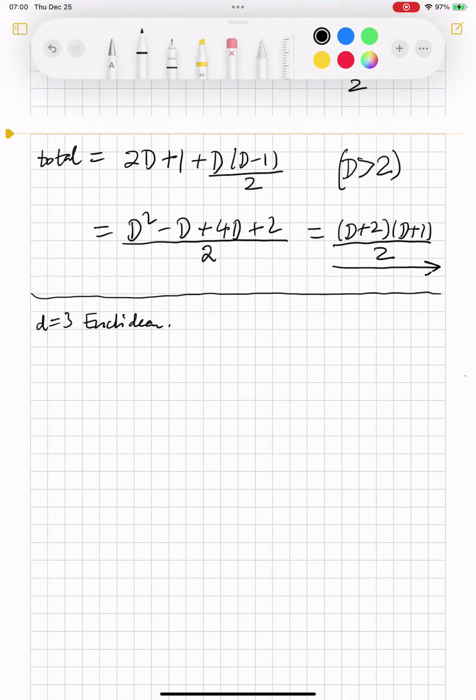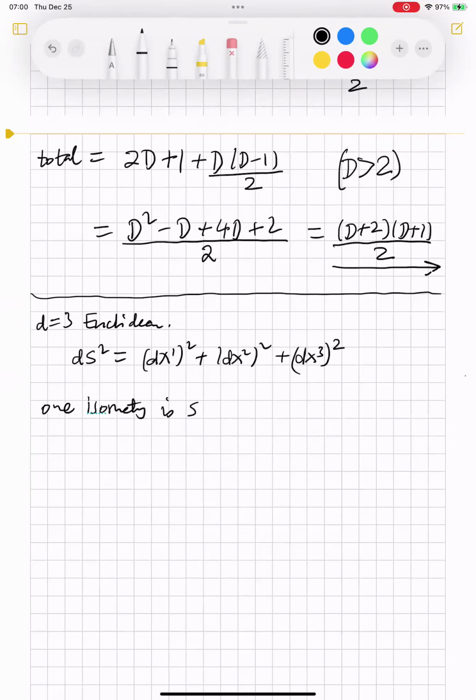In this case, the metric of the space is dx1 squared plus dx2 squared plus dx3 squared. One isometry that we have of the space is SO3, just rotations in 3 dimensions.